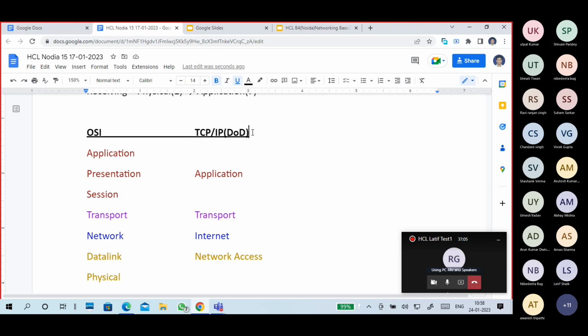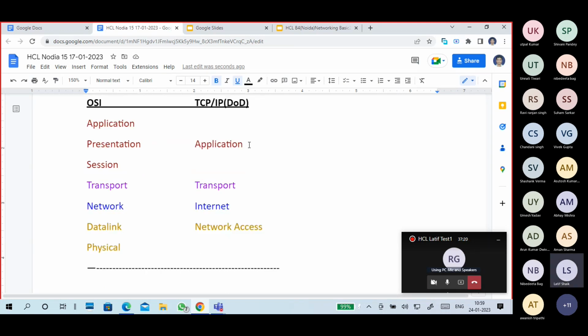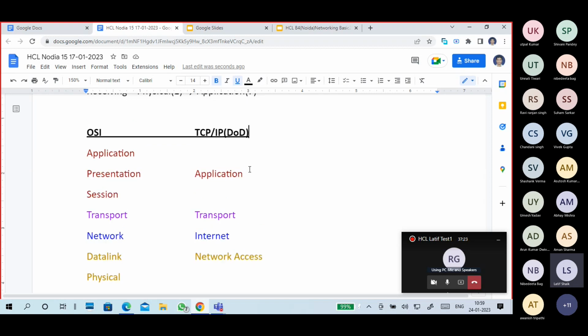For any kind of protocol suite, we can understand it with the OSI layers. This is for comparison purposes only. It's not that TCP/IP came from OSI. That is wrong information, just people think like that. But the important thing is there's a straight comparison.